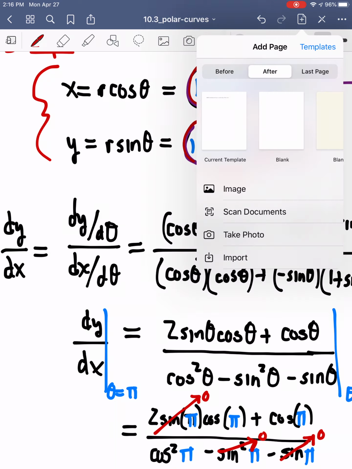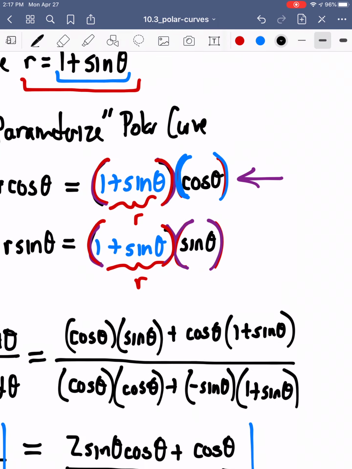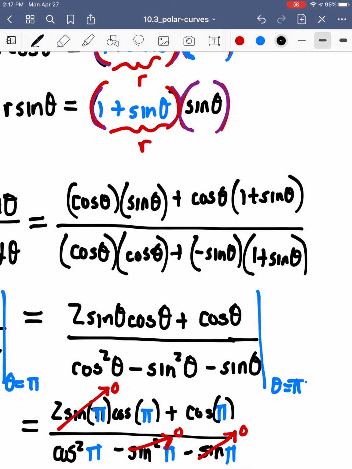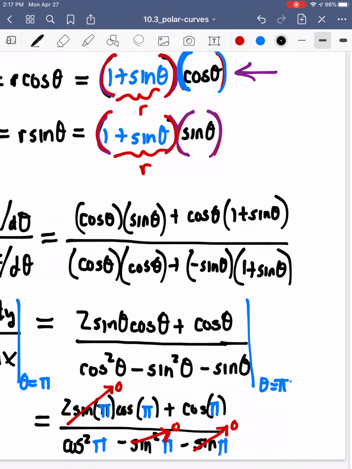So let's go to the next page. What we have left is a cosine of pi in the numerator divided by cosine squared of pi in the denominator.